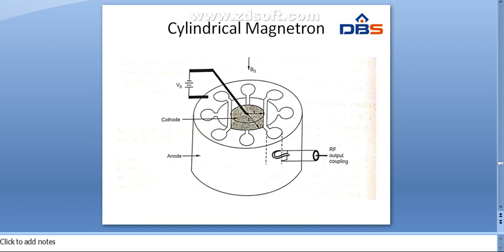The magnetic field is provided by a strong permanent magnet, mounted around the magnetron, so that the magnetic field is parallel with the axis of the cathode.